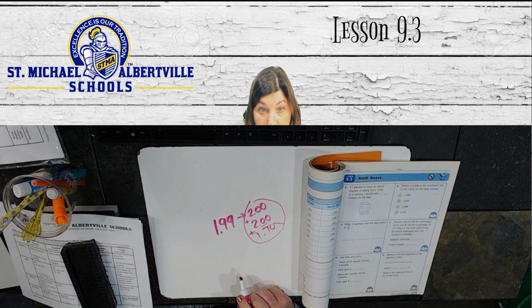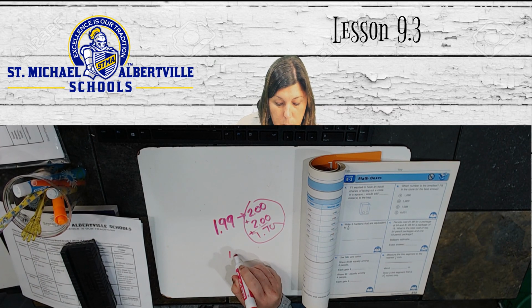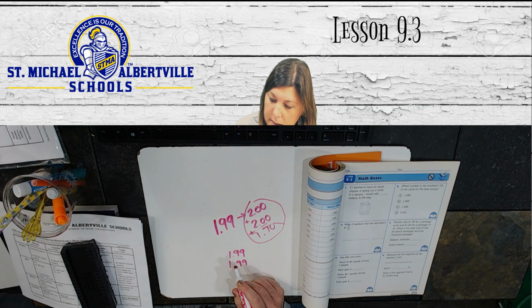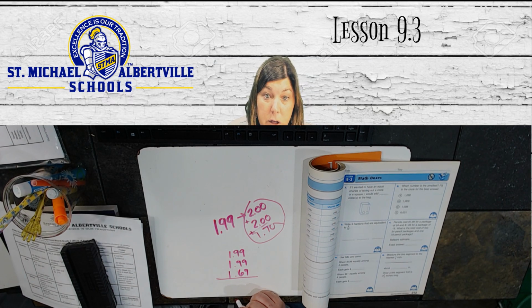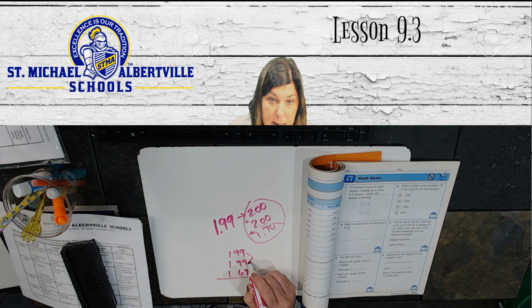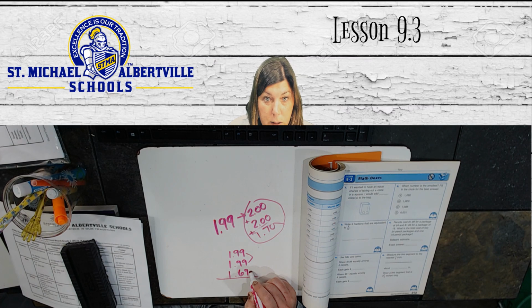To get my exact answer, I would do $1.99 plus $1.99 plus $1.69. Okay, now those of you who learned carrying in partial products today, you can do the same thing. 9 plus 9 is 18. Another 9 is going to equal 27.